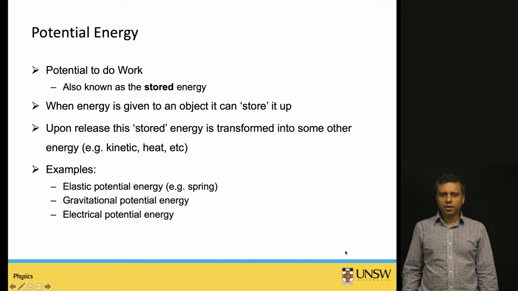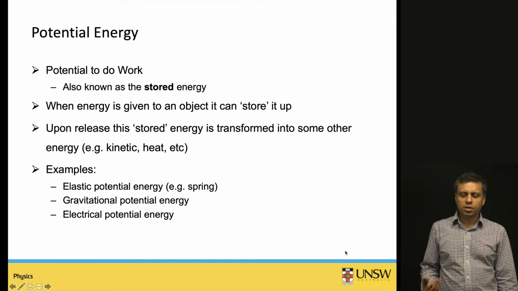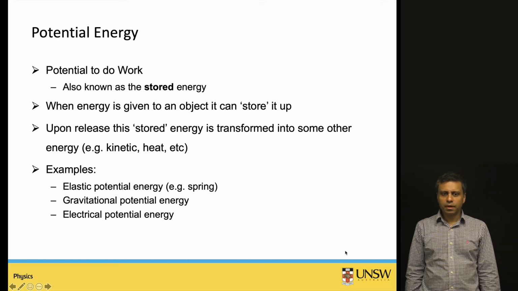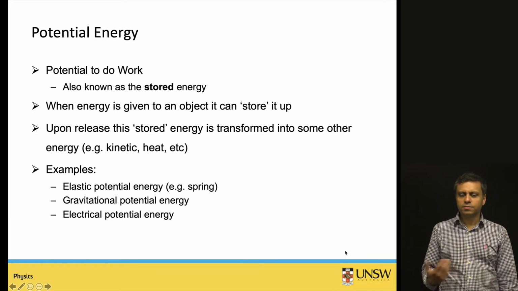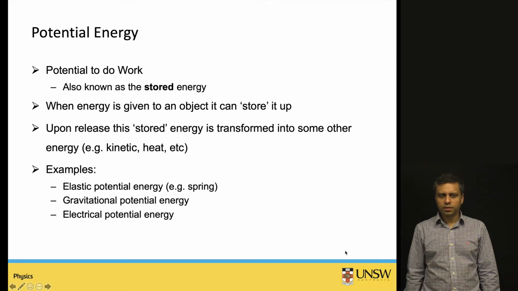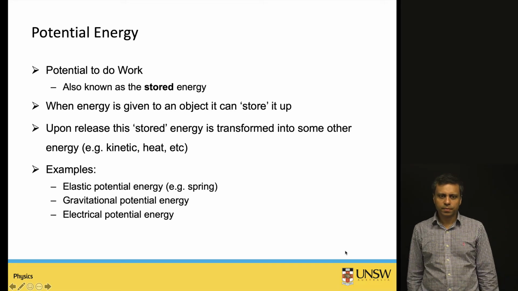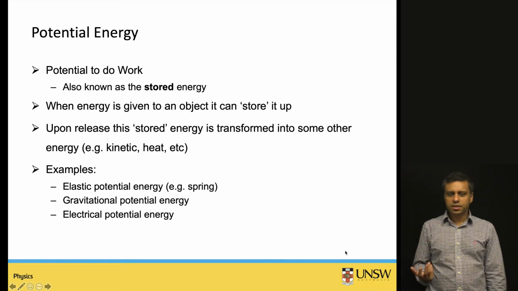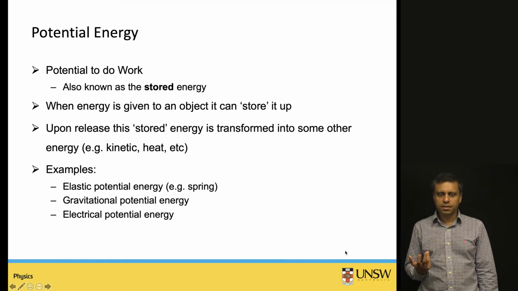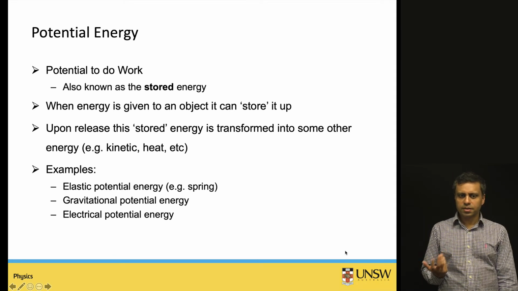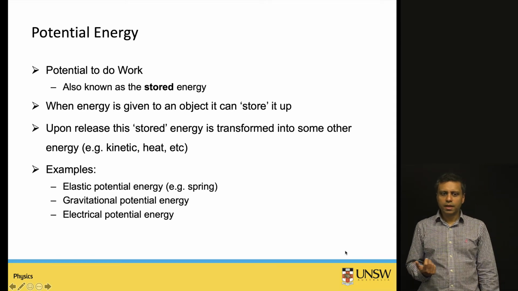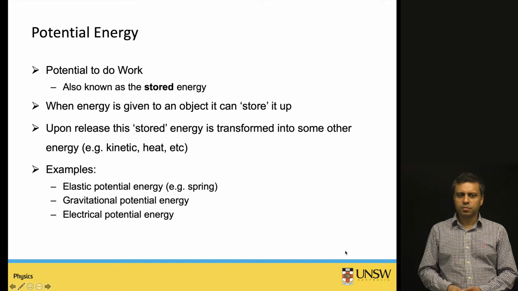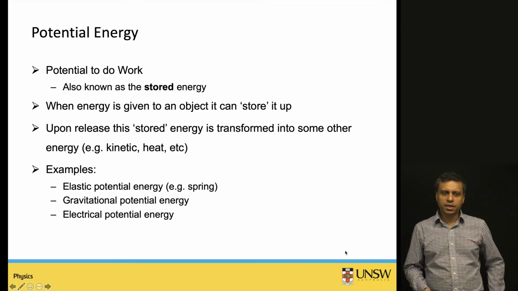When energy is given to an object, it can be stored up, and then upon release, the energy can be released and transformed into some other form, for example, kinetic energy or heat energy. Examples are elastic potential energy, the case of the spring that we have seen, the gravitational potential energy, as we will see, and also the electric potential energy. These are some of the examples where potential energy plays a role.